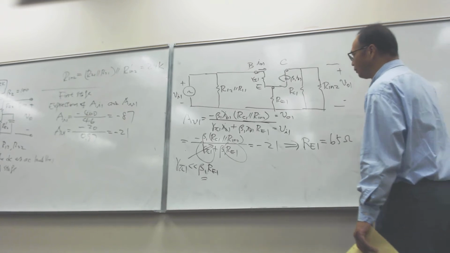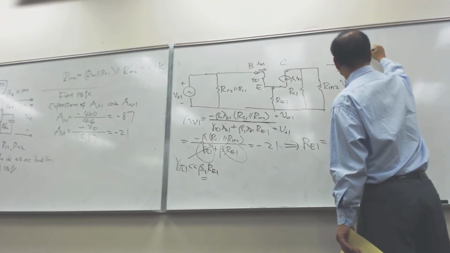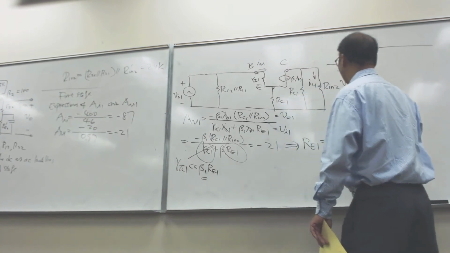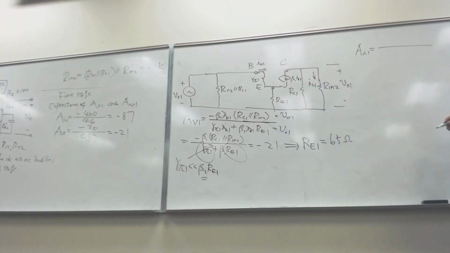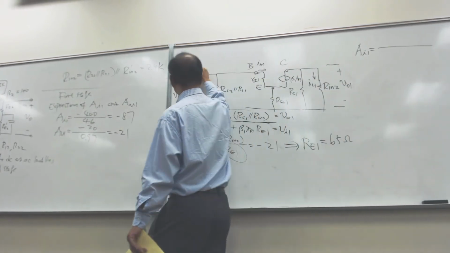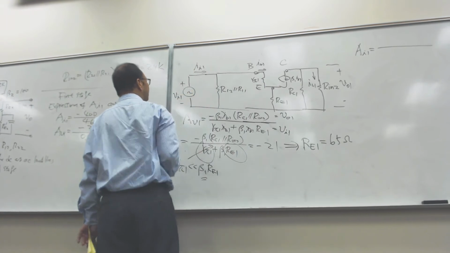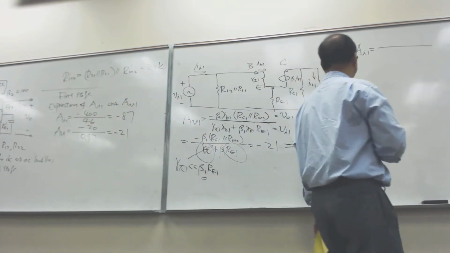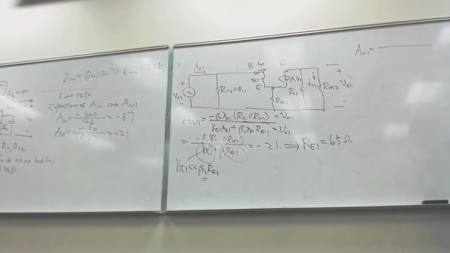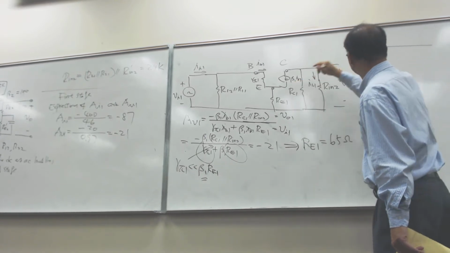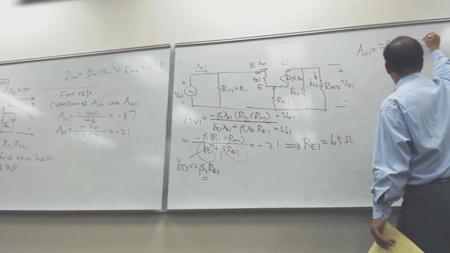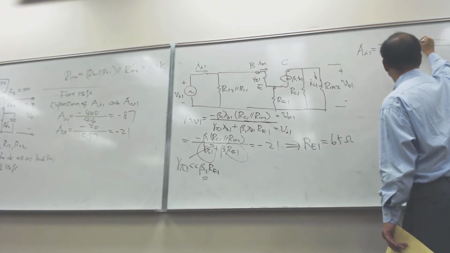Okay, now let me try to find out what is AI1. So AI1 is, we call this IL1, right? It's IL1 divided by, this is II1, yes? Okay, we have done this many times. So IL1 is a portion of that. So it's minus beta 1 IB1, right? And then use the current divider rule.